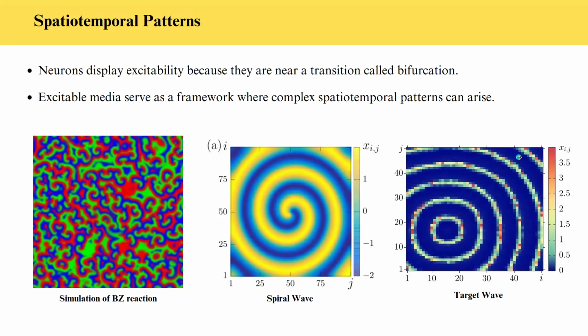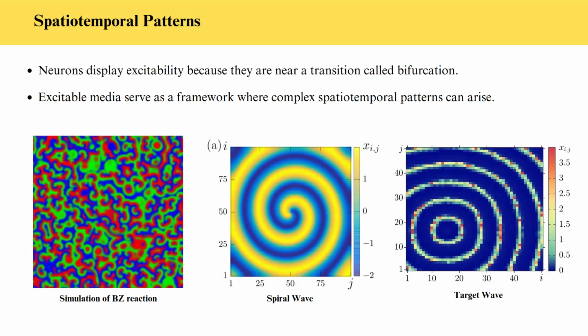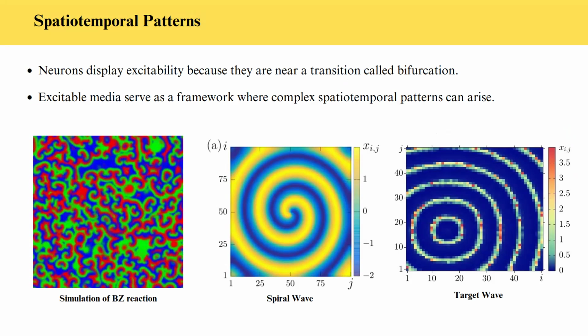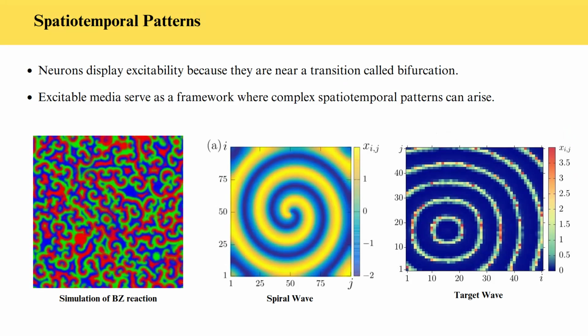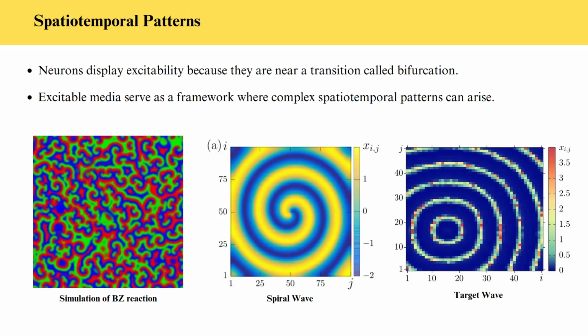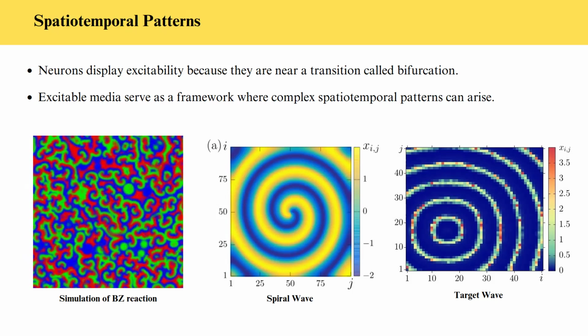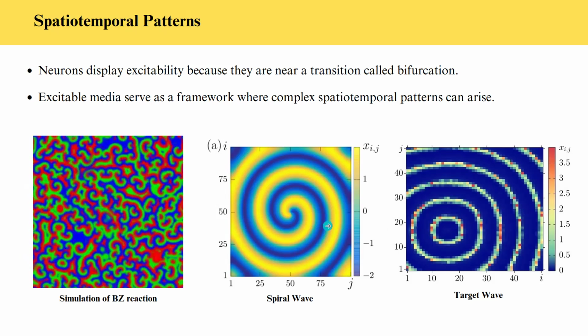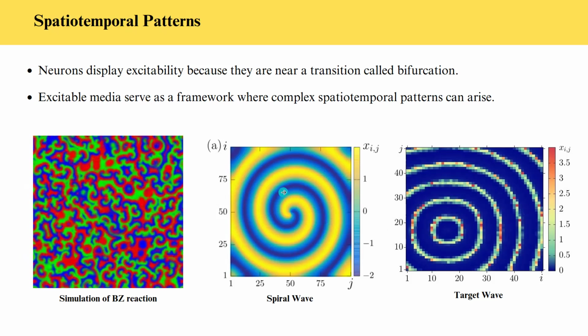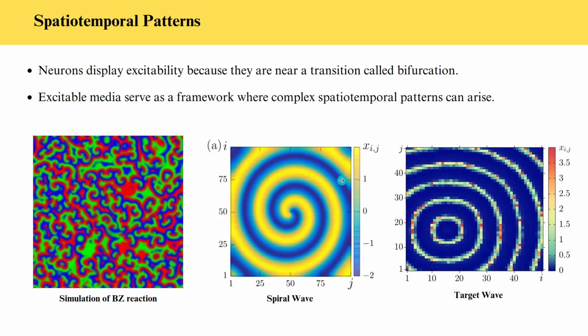Neurons exhibit excitability near a bifurcation point, leading to complex spatiotemporal patterns. These patterns are often seen in excitable media, where interactions can produce phenomena like spiral and target waves. And these spiral and target waves emerge as a result of the lattice network of neurons.